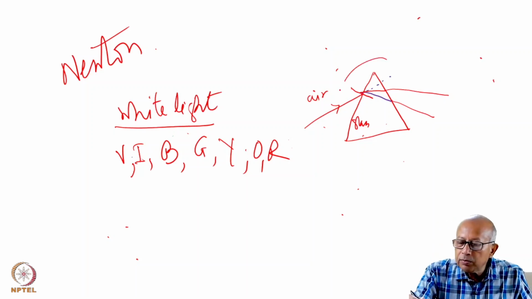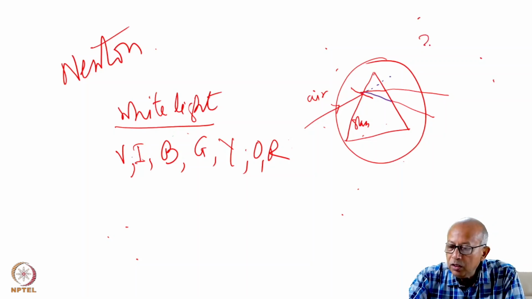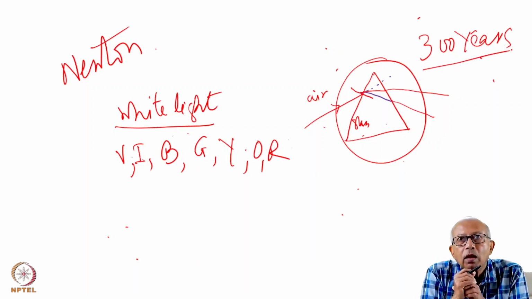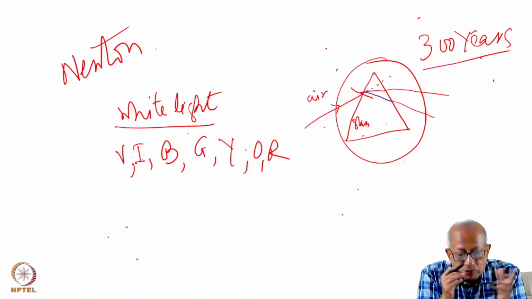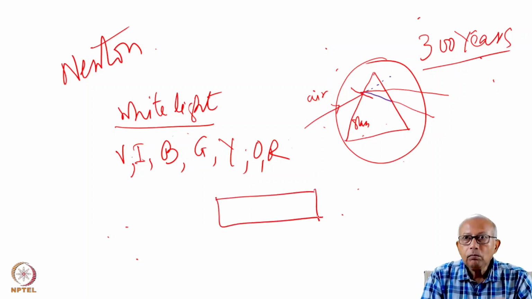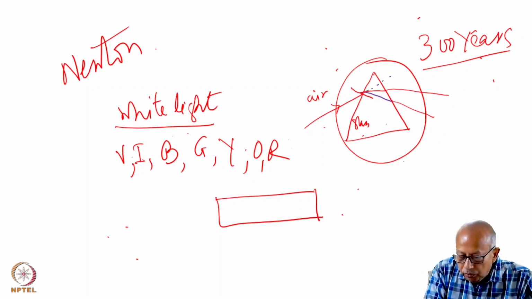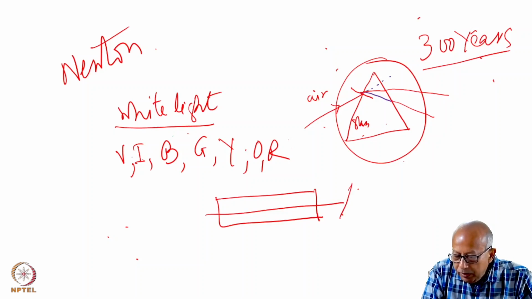This prismatic dispersion that Newton perceived some 3 centuries ago, 300 years ago, today is being used for tuning a laser. You have seen in one of the earlier classes that inside the laser cavity, you put a prism, and then of course you have the output mirror here.